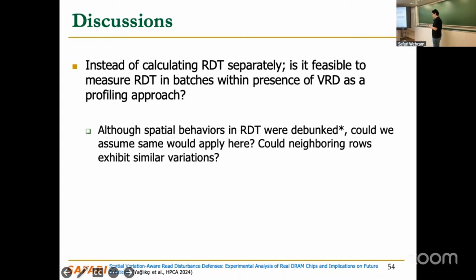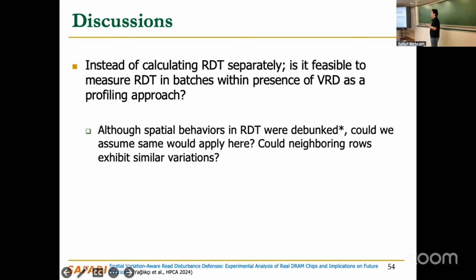The problem here is that these spatial behaviors are debunked, meaning that two rows that are near to each other in a DRAM bank would likely not exhibit the same threshold values. So the spatial behaviors were debunked in that sense, but maybe the variance characteristics could still be the same.